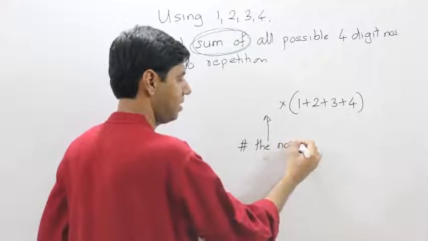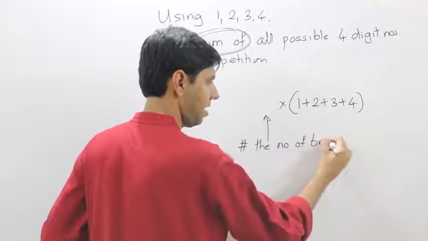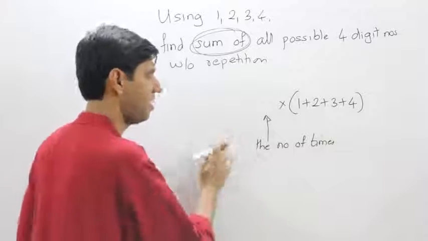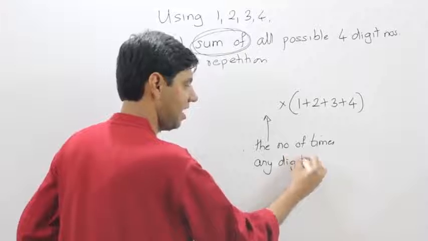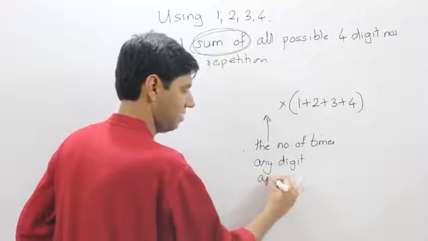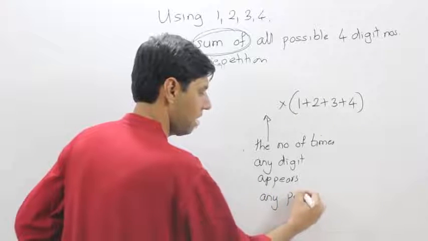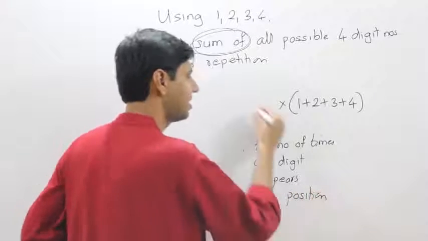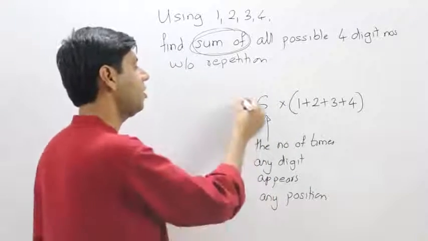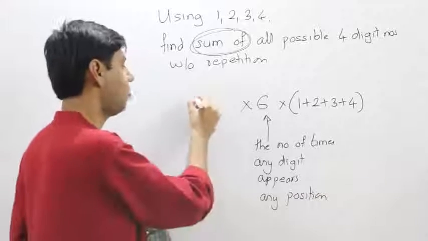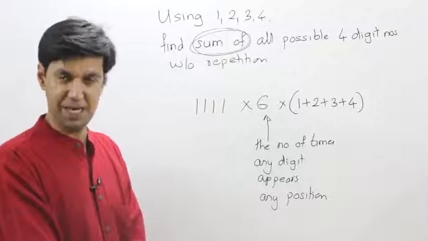The number of times, the hash means the number of times actually, any particular digit appears in any position. And we have found this to be 6 in our case. I hope you get the logic of this. And to add the sum, since it's a 4-digit number, we just multiply it with 1111. This is the answer to it.